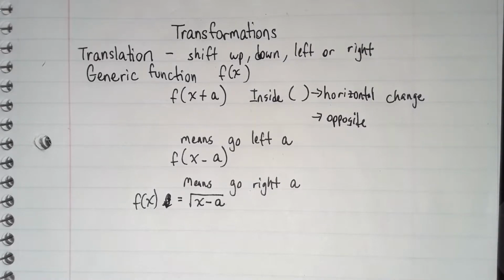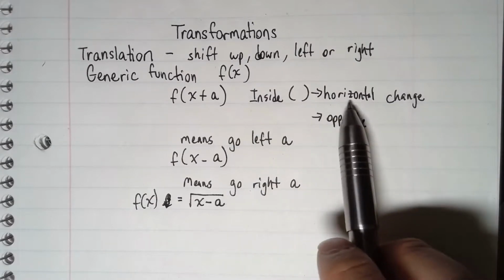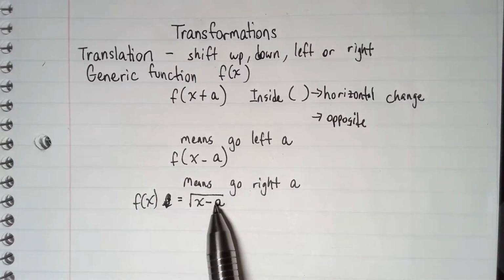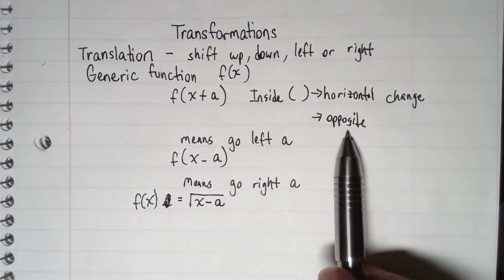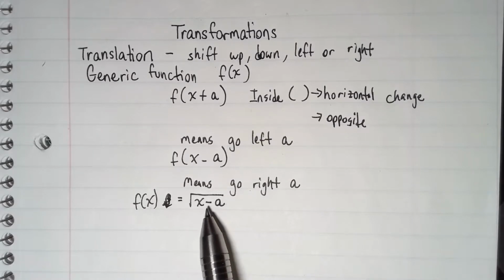So we gotta follow the same rules that we've talked about before. If you're inside the parentheses, it's a horizontal change. Therefore, this is about left and right. And you guys can think about the opposite will happen. So for example, you see a minus a. A minus a actually does mean go to the right.